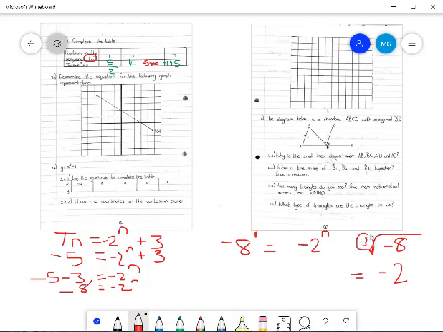So that means the exponent of minus 2 needs to be 3. Okay, so now I have my ground numbers the same, and I'm not going to throw them away or cancel them out.